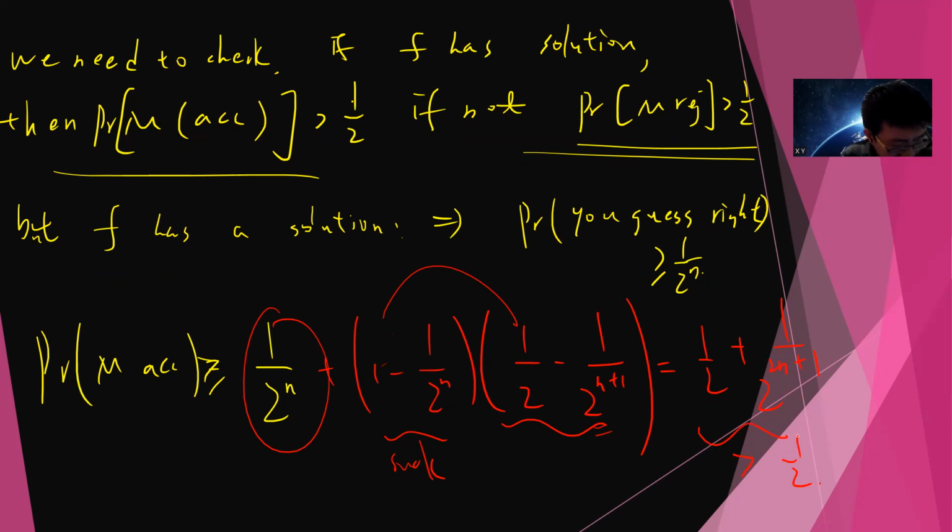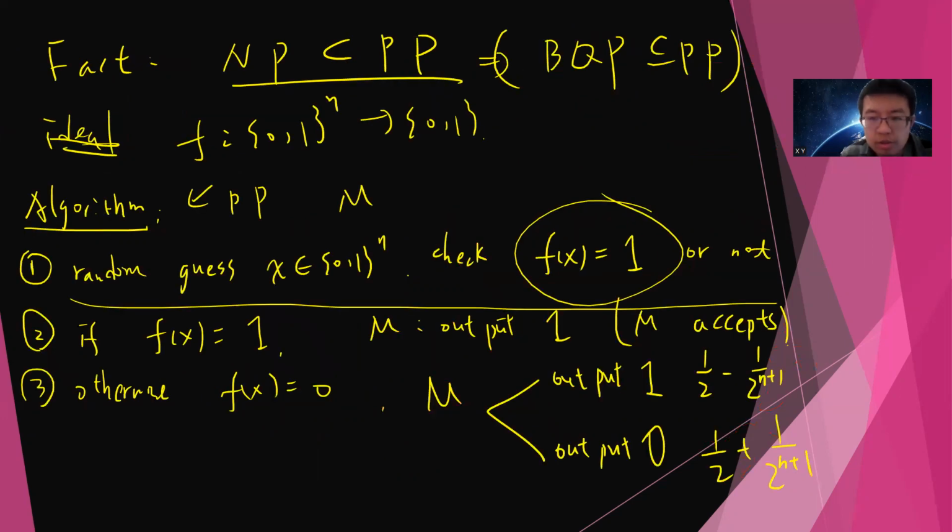That means that if this formula has a solution, it outputs accept with probability greater than half, and if it has no solution, the reject probability is also strictly greater than half. So this proves that NP is a subset of PP. Basically, one can use this proof to prove that PQP is a subset of PP. See you guys in the next videos.